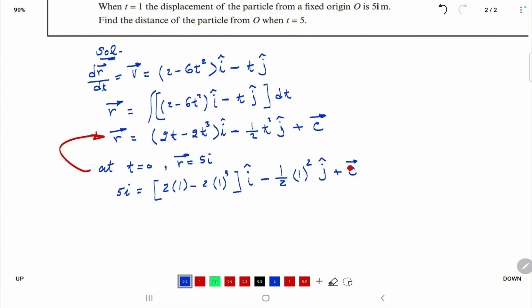From which we can simplify this and find that the vector c will be 5i plus half j.